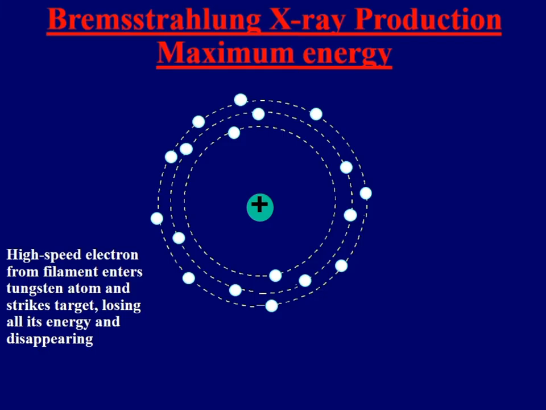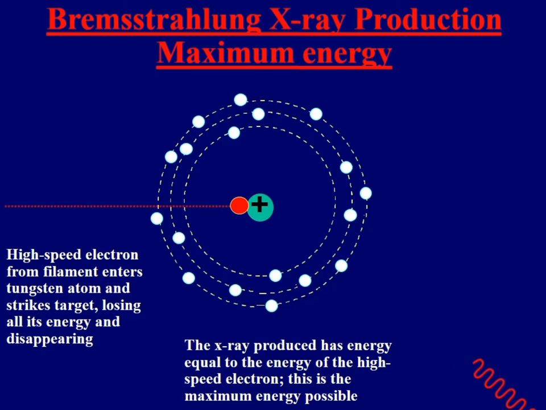Now there can be some other effect. When are the Bremsstrahlung X-rays produced with maximum energy? When does it happen that the maximum energy of the photon is produced? It is when the electron directly strikes the nucleus of a particular atom.